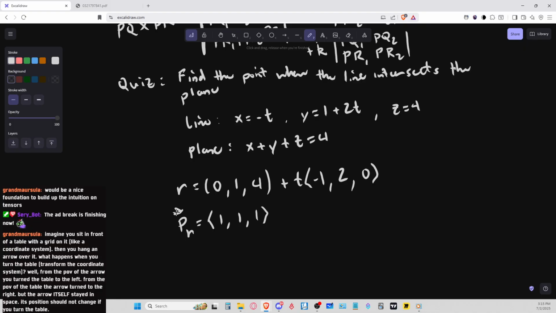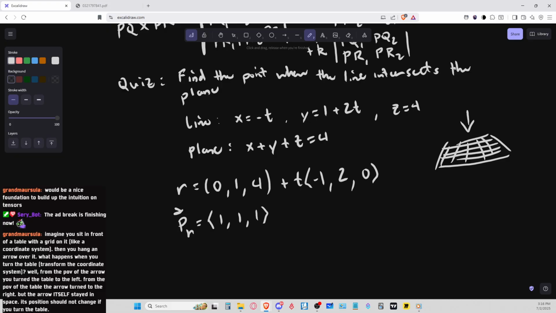Imagine you sit in front of a table with a grid on it, like a coordinate system, then you hang an arrow over it. Maybe we can draw it. Let's pretend this is a coordinate system, and then you hang an arrow over it. What happens when you turn the table, transform the coordinate system?